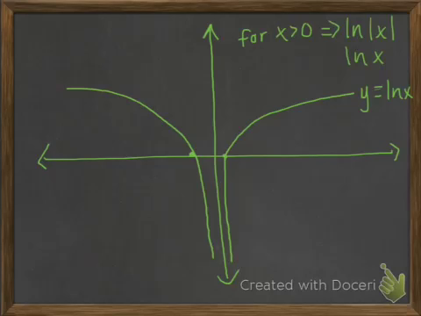That's why y equals ln of absolute x is going to be that there, because it's both this and this. Once you take the absolute value of x, you can use both negative and positive values.